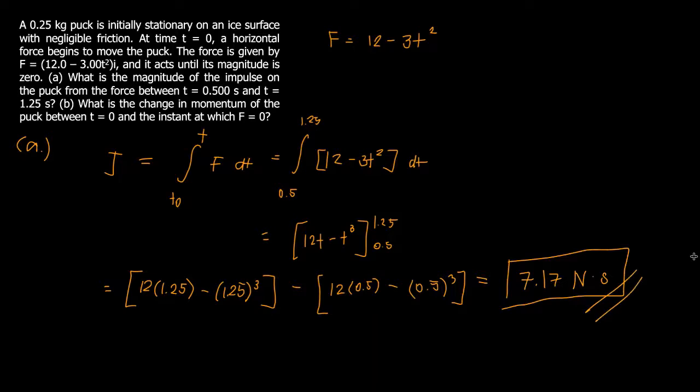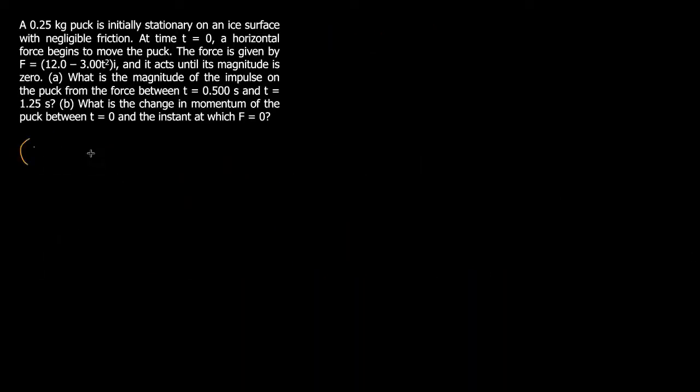For letter B, again, we have the same problem. We have the same force function with respect to time. And we're finding the change in momentum. So by impulse momentum theorem, we know that the change in momentum is just equal to the impulse on the object, which is defined earlier as the antiderivative of the force function with respect to time, from initial time to final time.